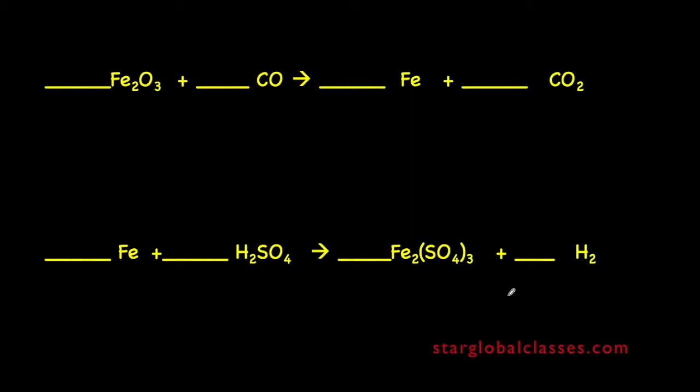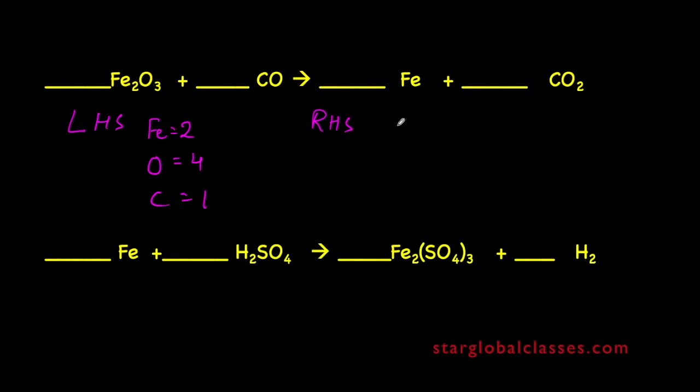Next equation is Fe2O3 plus CO forms Fe plus CO2. We will again write down here LHS, RHS. On the left hand side Fe is 2, oxygen 3 plus 1, 4, carbon 1.